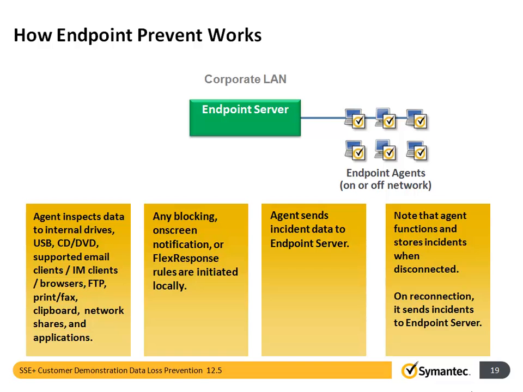There's a very nice architecture for our endpoint products, and each endpoint server can accommodate up to 30,000 agents. So it's in communication with up to 30,000 agents. Very scalable. We have some customers now who have well over 100,000 agents in production.